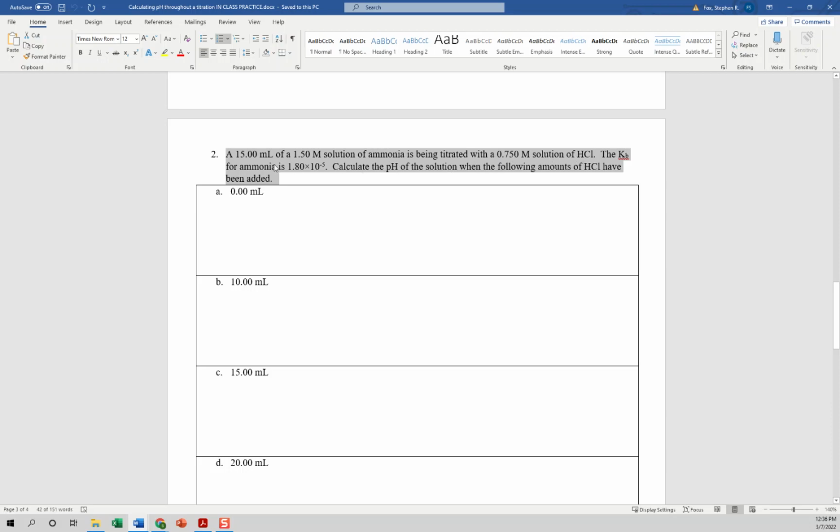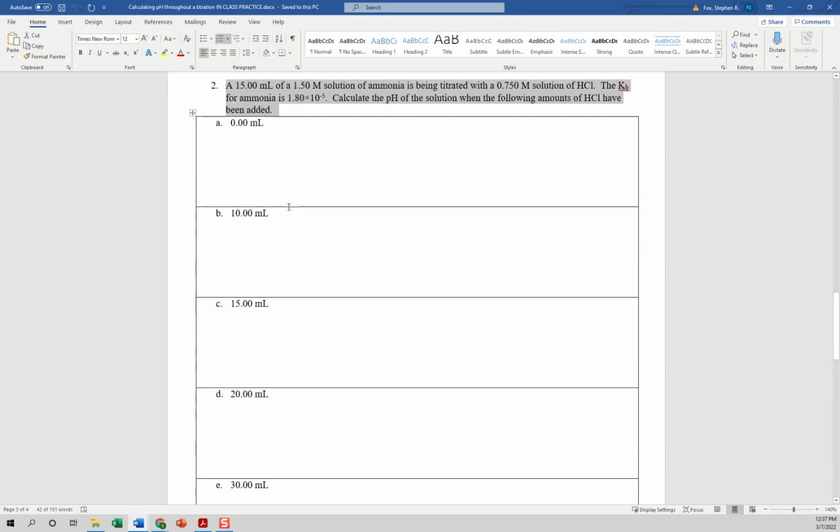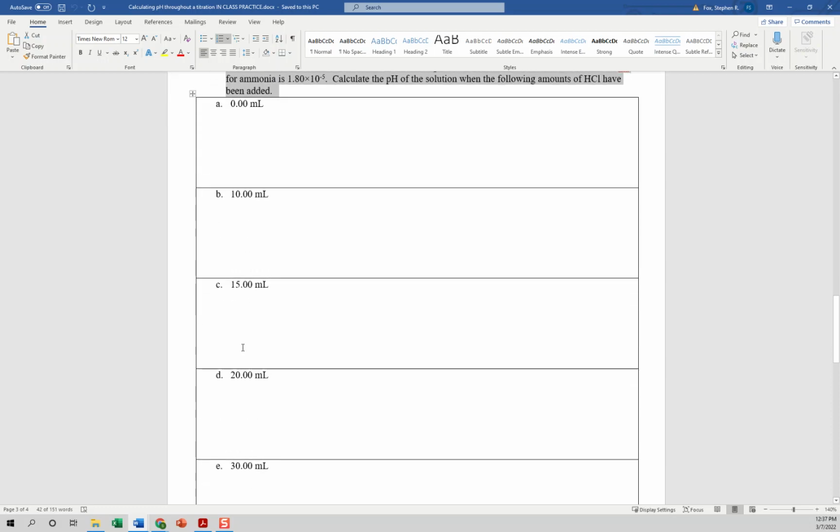We're given the Kb for ammonia, and remember, that means we're also given the Ka for ammonium, its conjugate acid. And we want to calculate the pH after this many milliliters of HCl have been added to our analyte flask, okay?